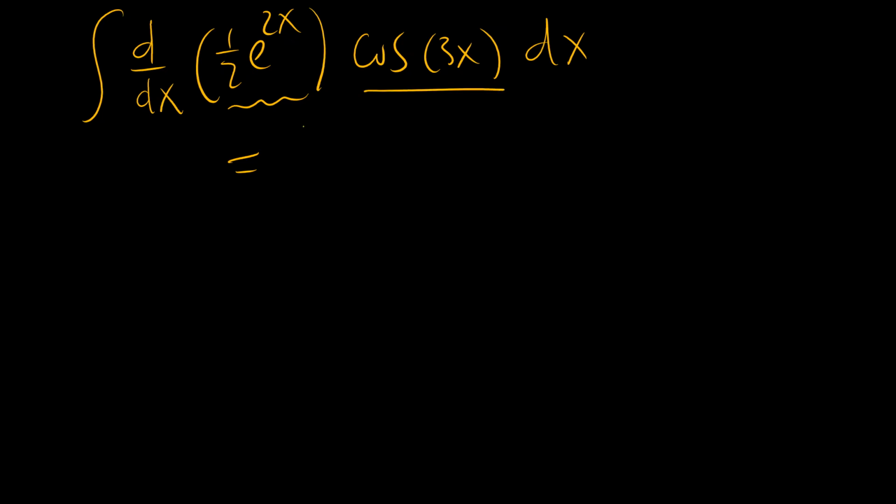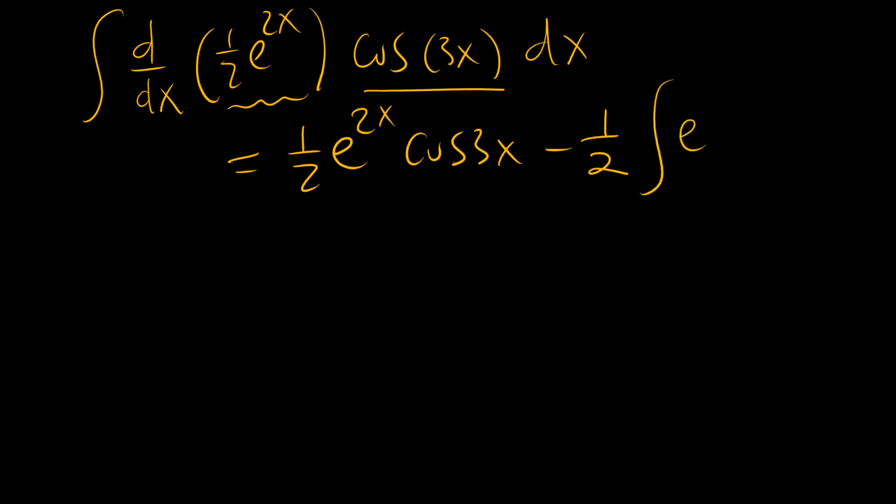So uv is going to be a half e to 2x cosine 3x minus a half e to the 2x times the derivative of cosine 3x. What is it? It is negative 3 sine 3x.